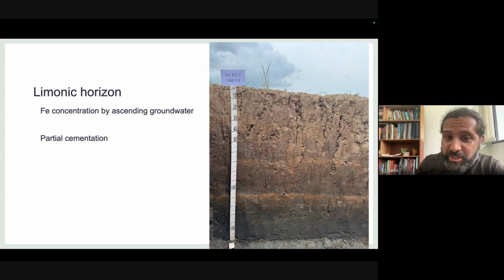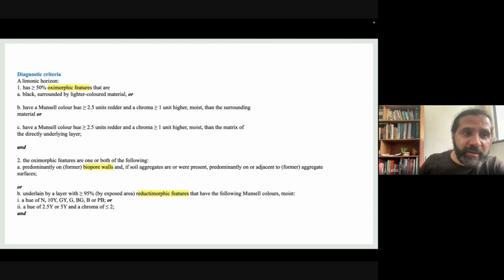Because of this addition of iron, it could express some partial cementation. Okay, and this horizon has some specific criteria for identification too. So first of all, at least 50% of oximorphic features, surrounded by light colored materials.